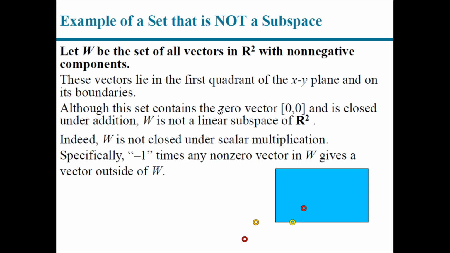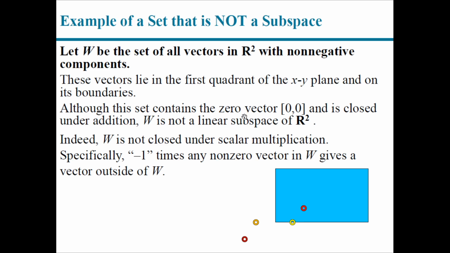Another one. Here I have a set in R2: the vectors with non-negative components. So for the components of vector (x, y), x is greater than or equal to 0 and y is greater than or equal to 0. In this case, the vector (0, 0) belongs there. That's fine.